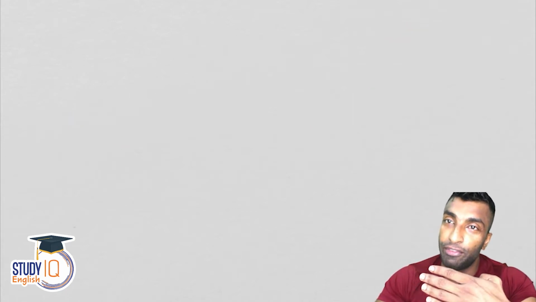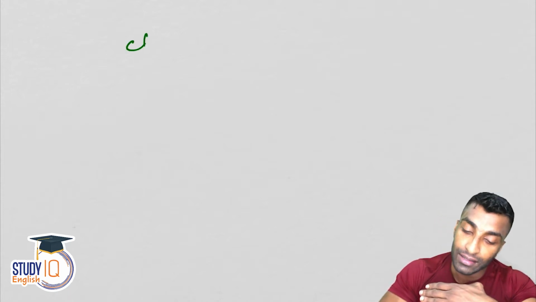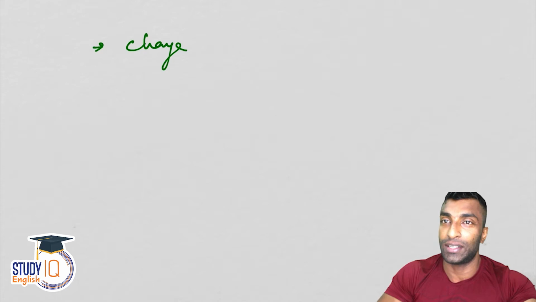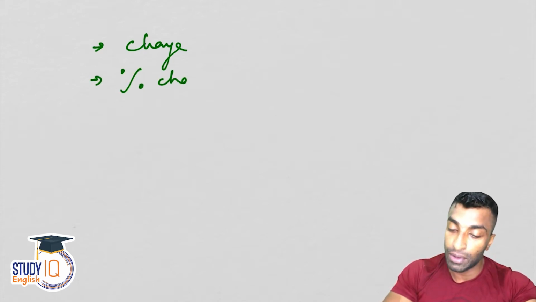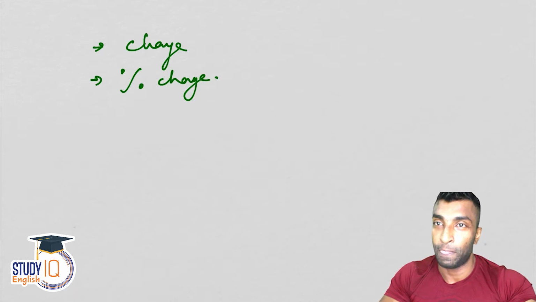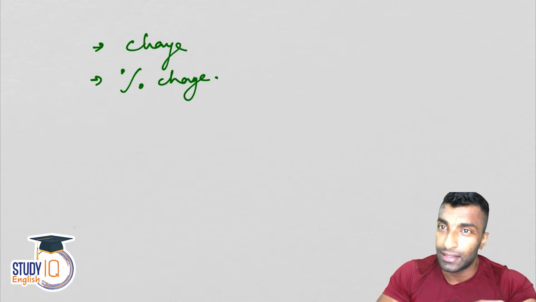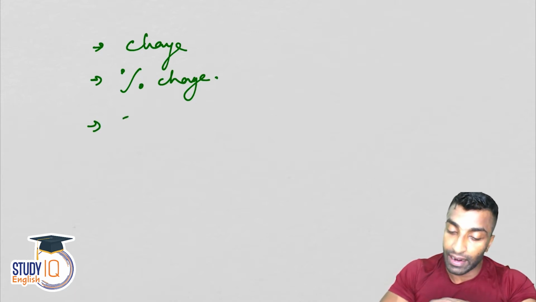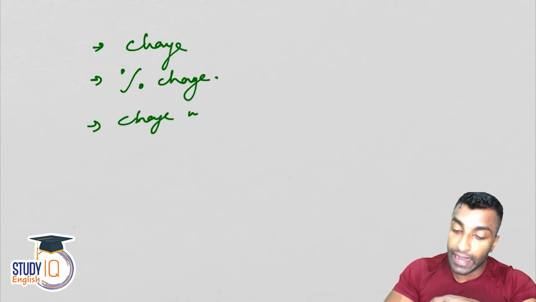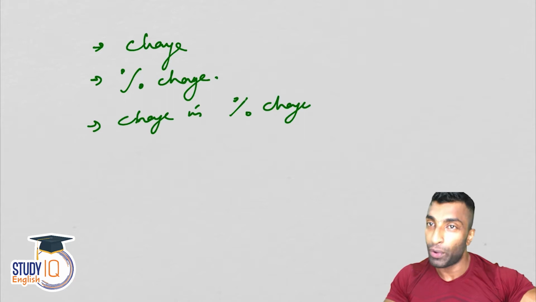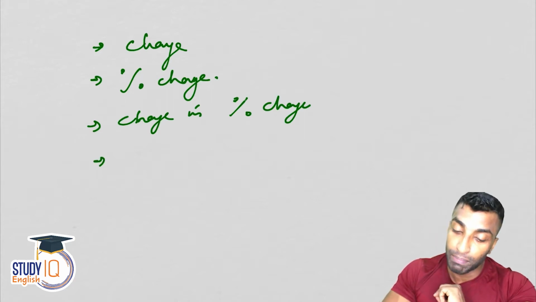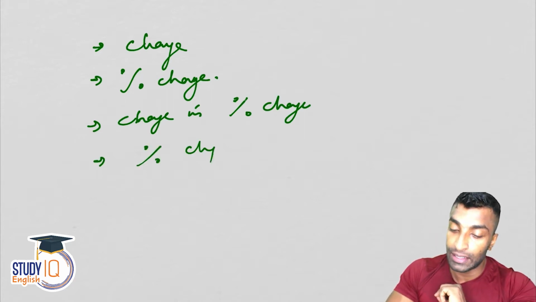These are the things that you need to know. There are 4 different questions they can ask you related to percentage. One is change, that's what I just told, absolute change. After that, they will ask you percentage change. Then, at a slightly higher level, they can also ask you change in percentage change, and then percentage change in percentage change.